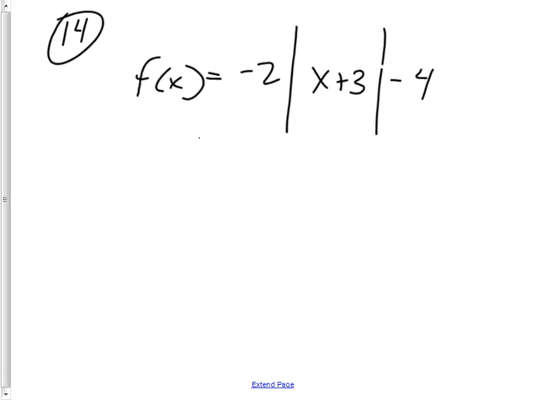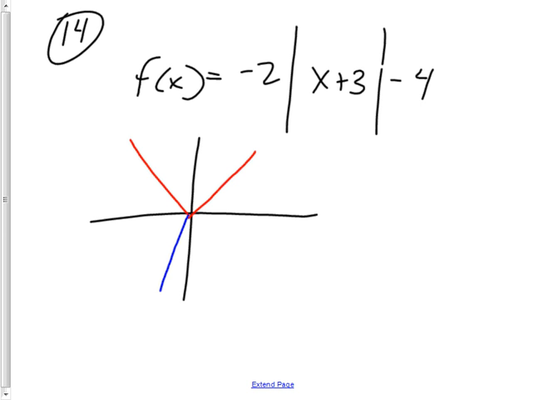I know that's a V shape that's been flipped up, down, and it's twice as tall, so it's been stretched up. So here's flipped and stretched. And then it's been moved 3 to the left and down 4. So generally it looks kind of like that.